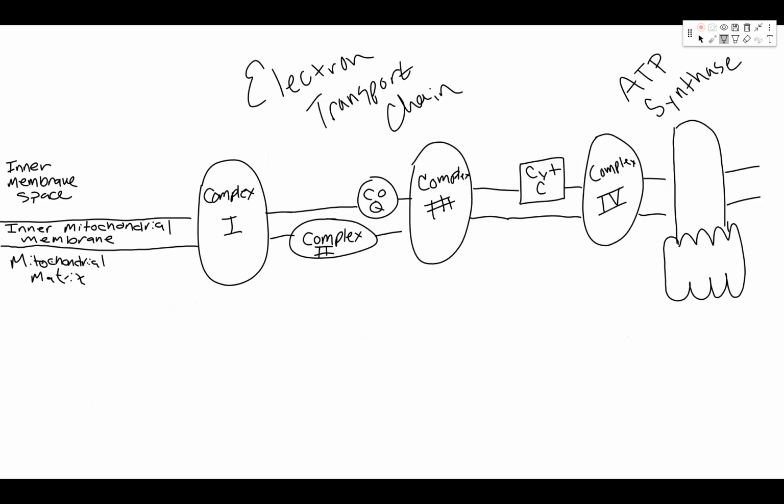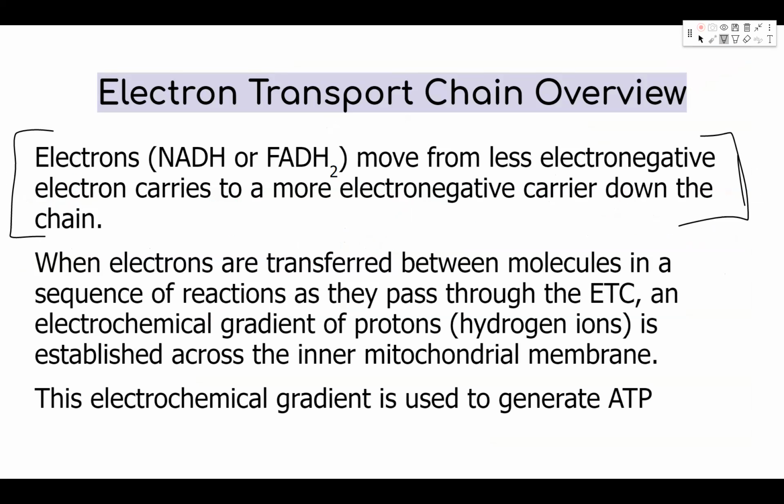And if we wanted to add that to our picture, we've got electronegativity increases as we go down the line. So, when these are transferred between molecules, an electrochemical gradient of hydrogen ions is established.